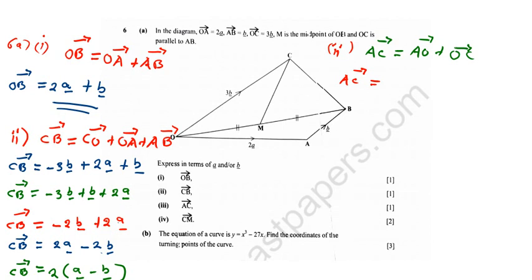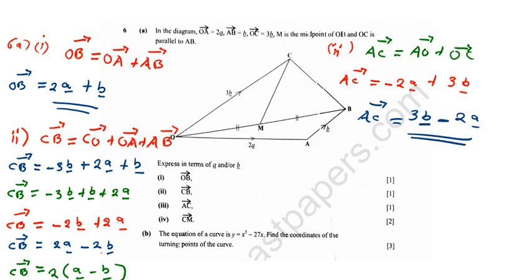So I write negative 2a plus OC. My OC will have a 3b vector. So I write a 3b vector. With vectors, you always begin with positive, so let's start with a positive vector. It will be AC is equal to 3b vector minus 2a vector. So that's our answer for part 3.